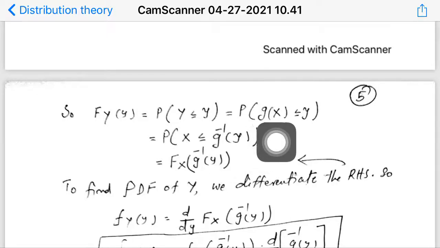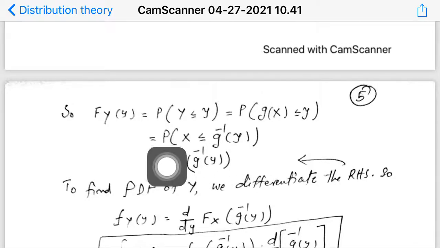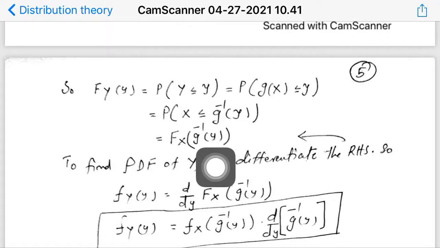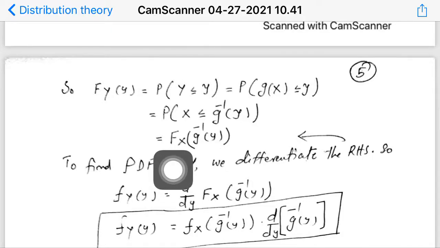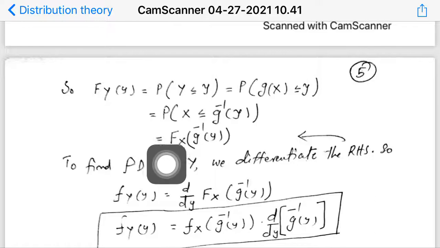Now g of x less than or equal to y means x less than or equal to g inverse of y. So we have to find the probability, and by definition of the CDF of x, this is nothing but F_X of g inverse of y, where capital F_X stands for the distribution function or CDF of x. That means you are writing the distribution function of y in terms of the distribution function of x.